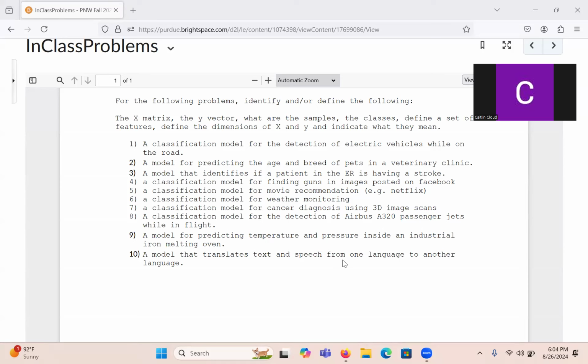So that would be sensors, and I'm looking for things that are different in the representation. So this would be sensors, right? And then we would say what? What's the temperature? Sure, let's do weather monitoring. And then hopefully we'll have time for one more. That's fine. All right, so let's see, 6, a classification model for weather monitoring.